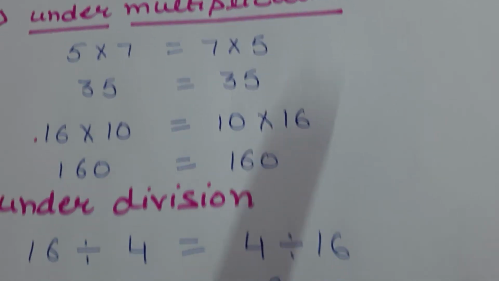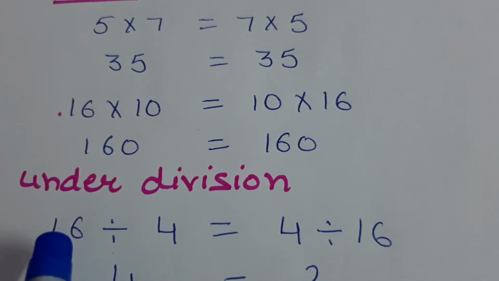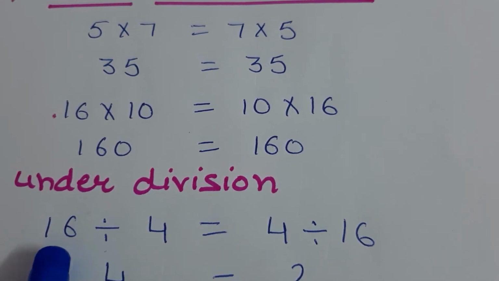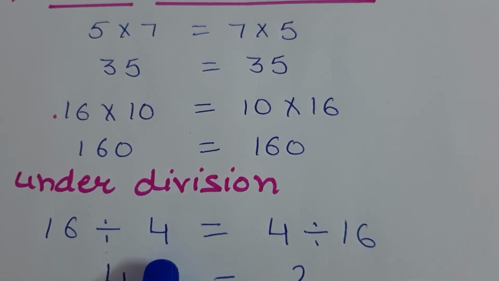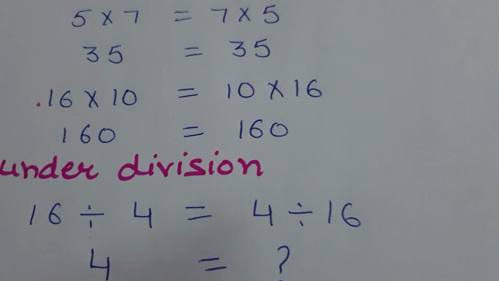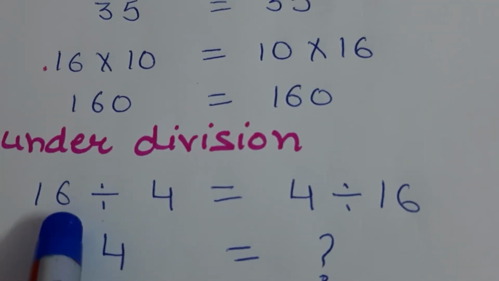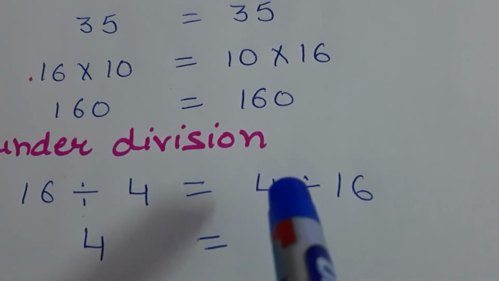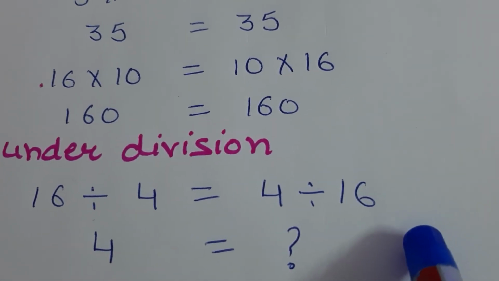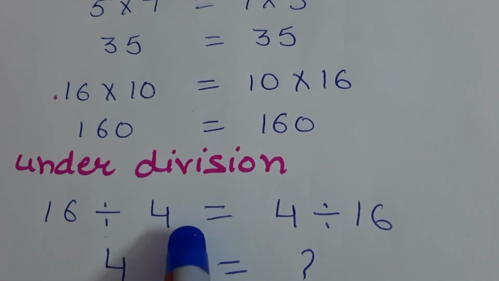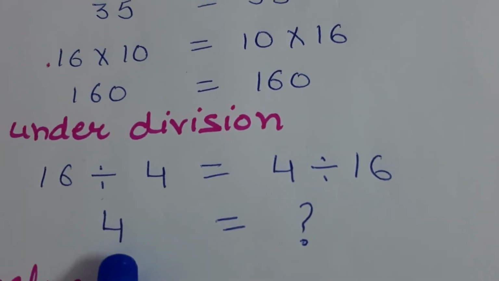Now we will check under division. Here I have taken two whole numbers, 16 and 4. You can take any whole numbers from the counting numbers. 16 divided by 4 and then 4 divided by 16. 16 divided by 4, we get 4 as the answer.